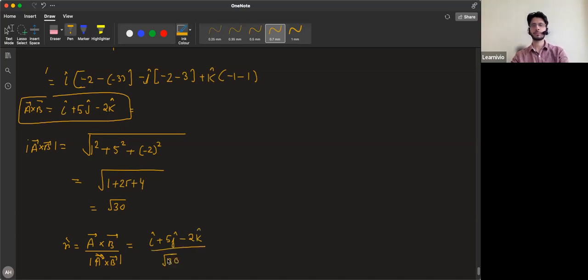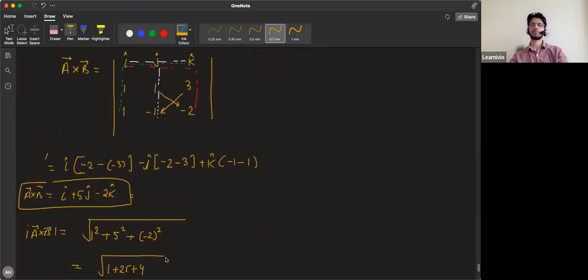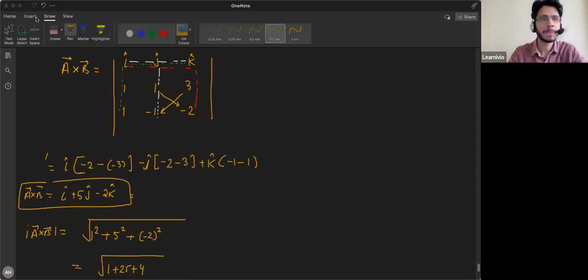This is the unit vector. Note it down. Let's do some questions from the previous years and then start with the next chapter.